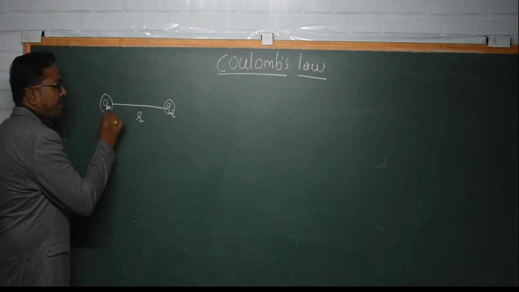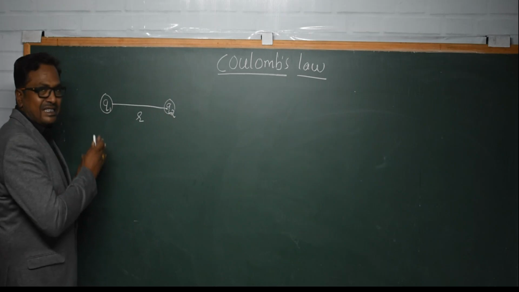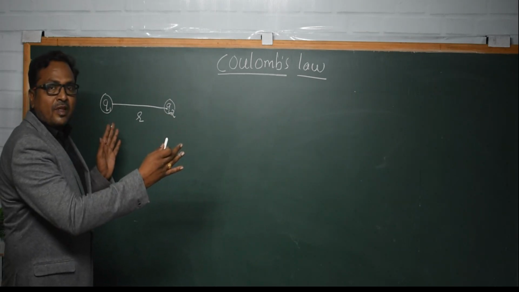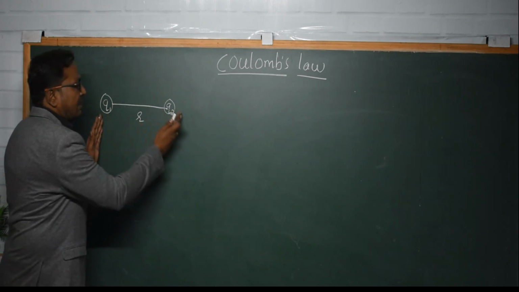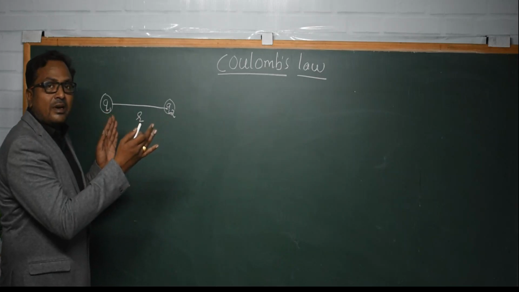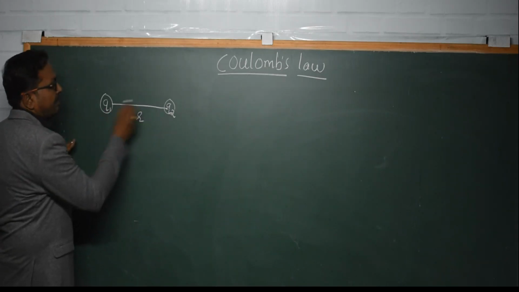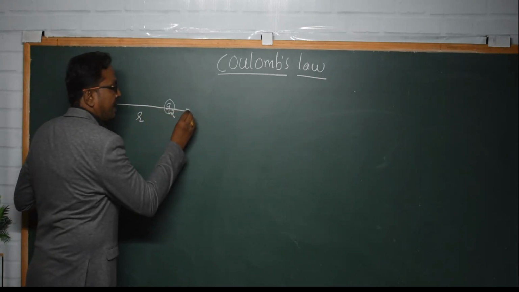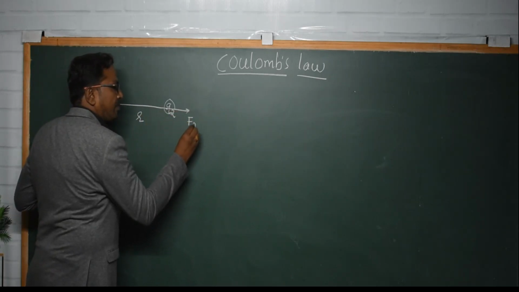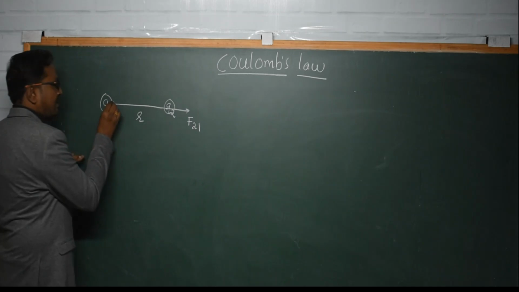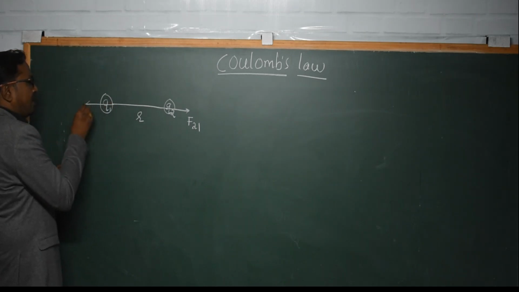If both are positive, then there is a force of repulsion. If one is positive and the other is negative, then there is a force of attraction. If I am taking both as positive, then here it will be F21 and this side it will be F12.